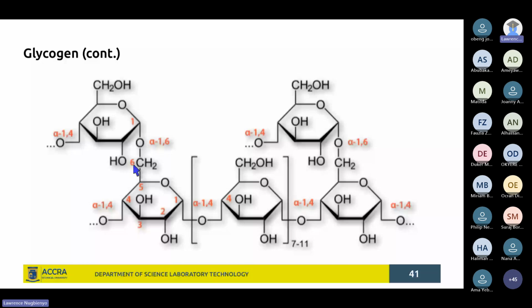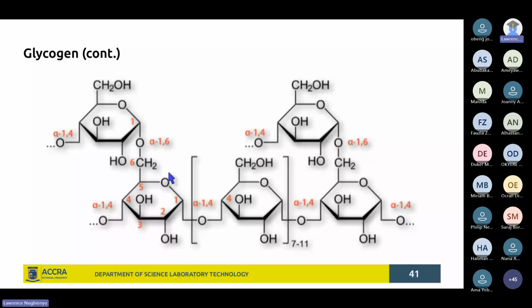You notice that, apart from the alpha 1,4 glycosidic bonds, which are formed in the straight chain, there is also the alpha 1,6 glycosidic bond. So it's glucose units that are forming a straight chain, but at the same time they are branched, and so they have the alpha 1,6 glycosidic bond.